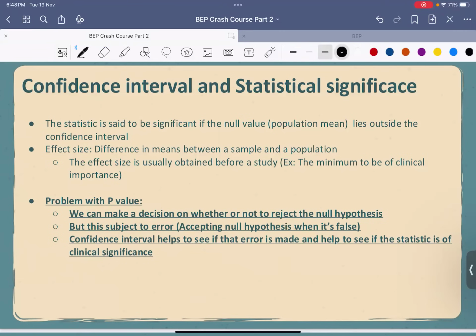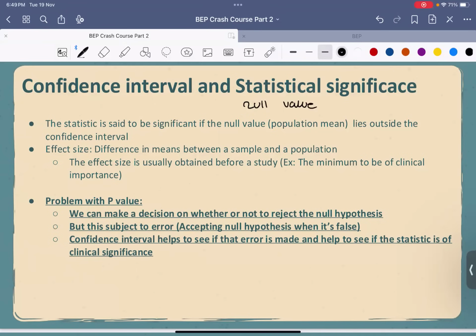Now, how can we use the p-value? Early on we said that if the p-value is less than 0.05, we say that data is significant, okay? And that means the null hypothesis is wrong and the alternative hypothesis is true, okay? We can also use the confidence interval in order to see if the data is significant or not. We have something called the null value, okay?